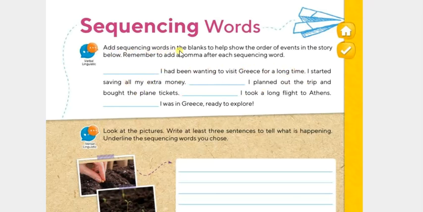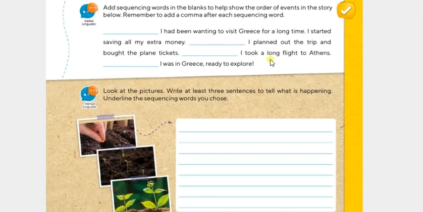Add sequencing words in the blanks to help show the order of the events in the story below. Remember to add a comma after each sequencing word. Remember my big comma, okay? So you have to read this and write the correct word in each line, okay?